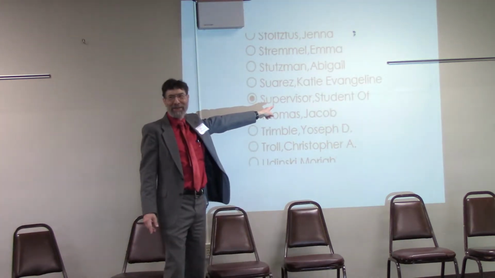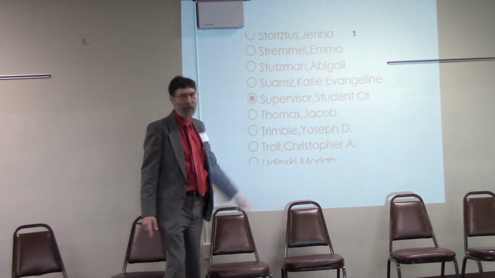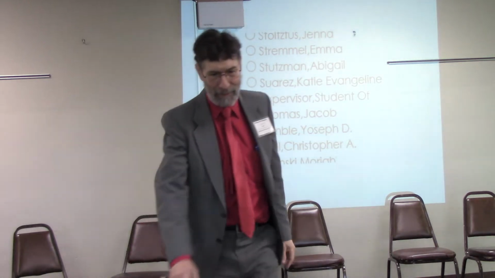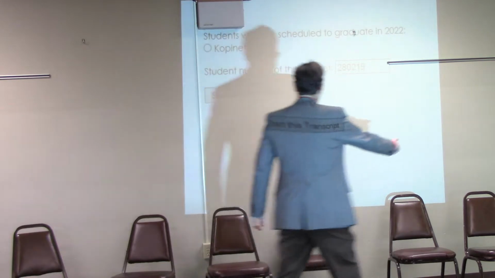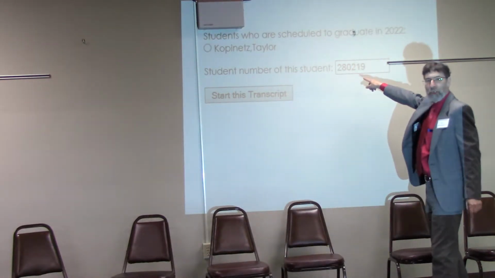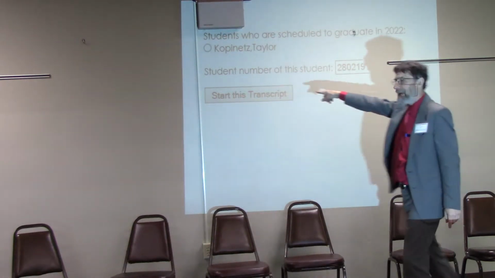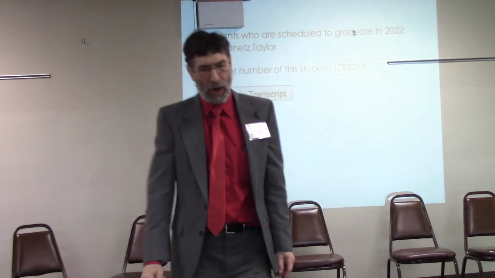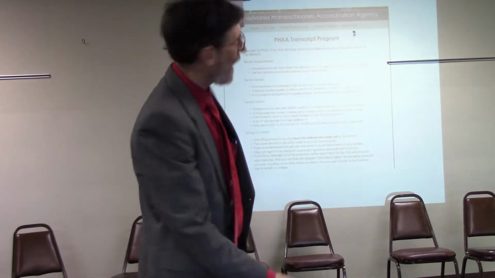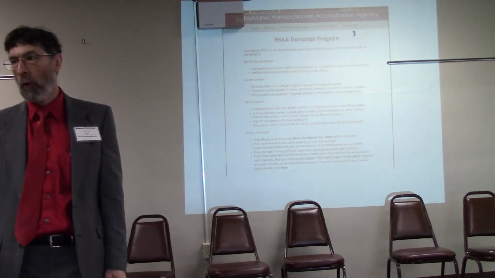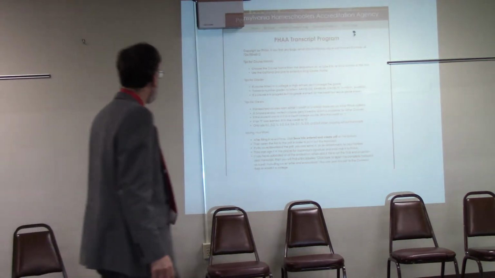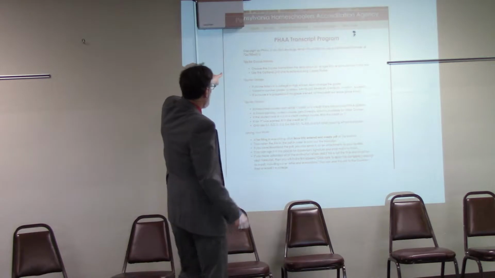His name is Student of Supervisor. I clicked on the button. And at the bottom of the page, I put in the number 280219, and then I click on Start This Transcript. And that takes me into the PHAA transcript program for Student of Evaluator. At the top, there's tips for course names.